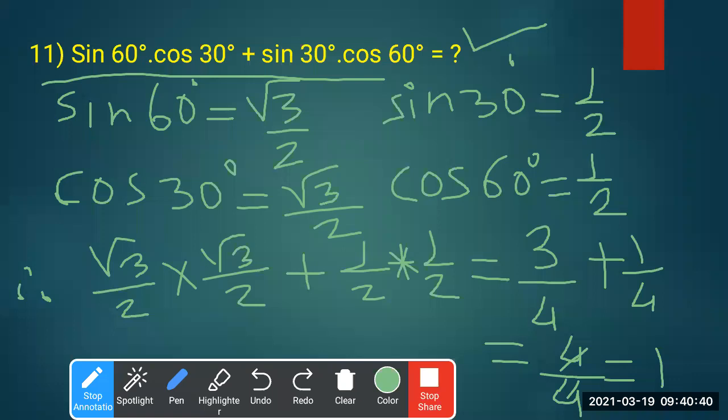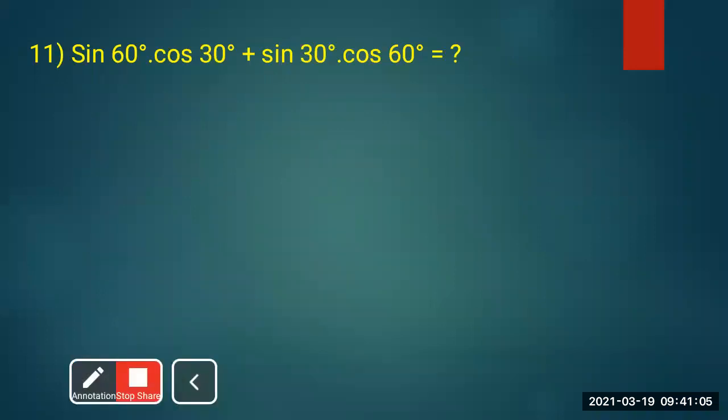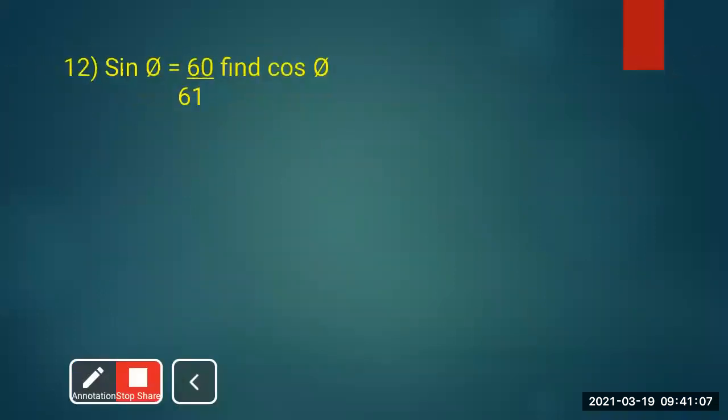Whenever you are multiplying, as I have done, root 3 into root 3 gives the whole number 3, and 2 into 2 is 4. So be very careful while multiplying, and in addition and subtraction, you know the denominator has to be the same, only then can you carry out the addition and subtraction. Next one.